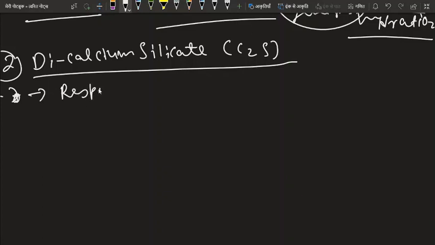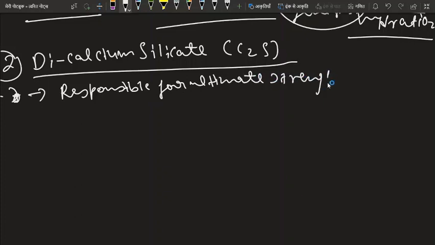Responsible for ultimate strength. It improves the resistance against chemical attacks. Okay, it improves the resistance against chemical attack.